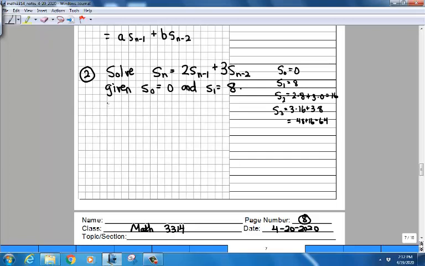Remember, take your recurrence relation and set it equal to 0, because if we don't, you're not going to have a homogeneous recurrence relation, which is what we need for the theorem. When I said set it equal to 0, what do I mean? Take the two recursive terms and pull them back over to the left. So you get S sub n minus 2 times S sub n minus 1 minus 3 S sub n minus 2 equals, notice there's nothing left on the right-hand side now, so it's equal to 0.